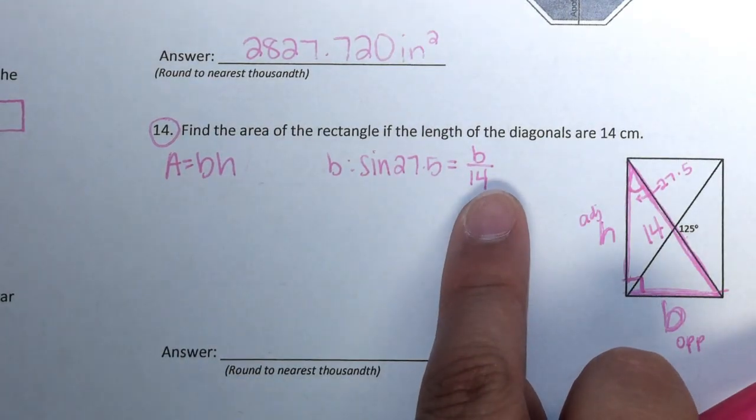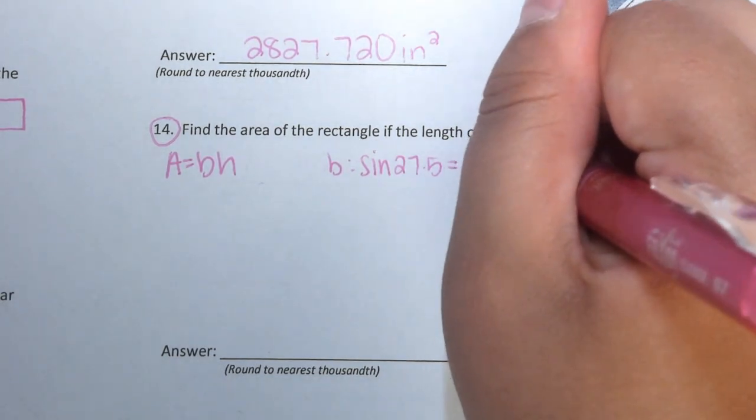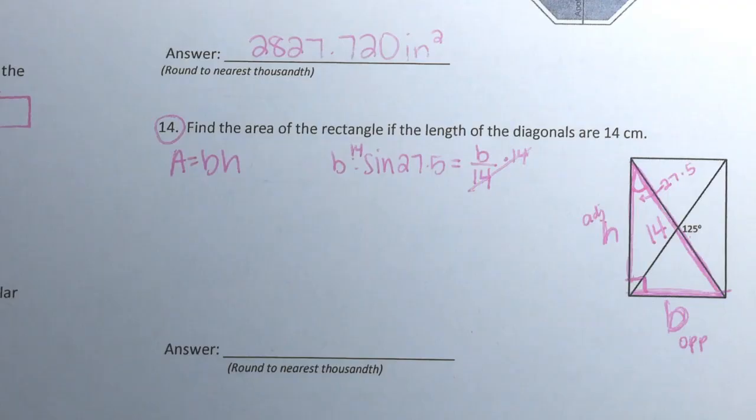When b is on top, what do we do? Multiply. And when you put that in Desmos, I would include the b with it. So I would do b equals 14 sine of 27.5.